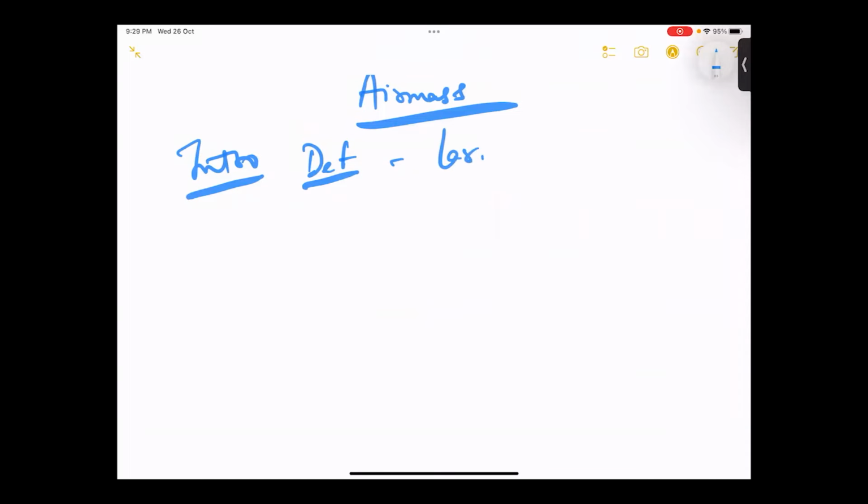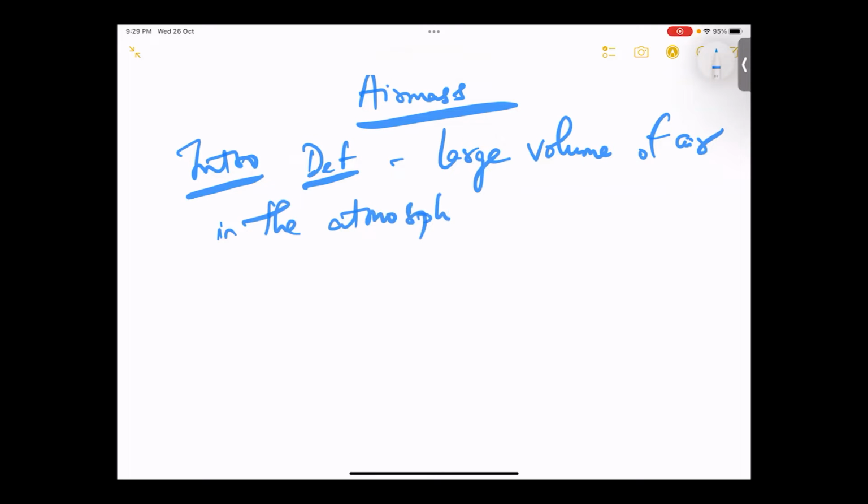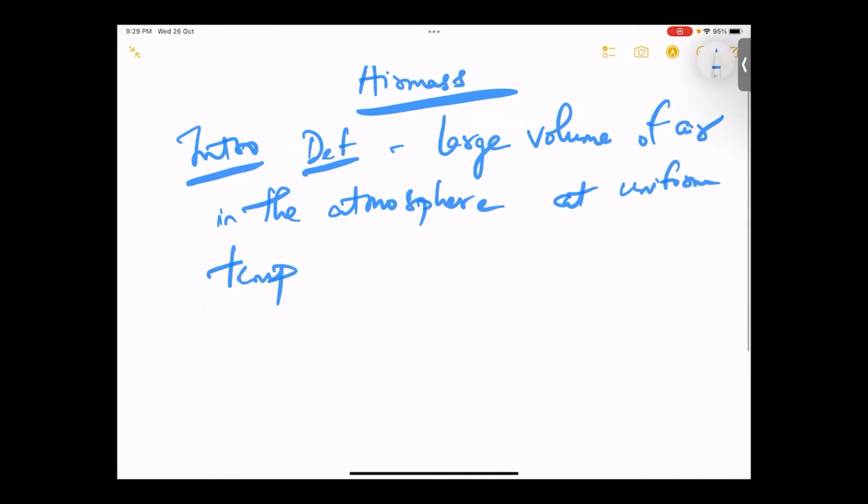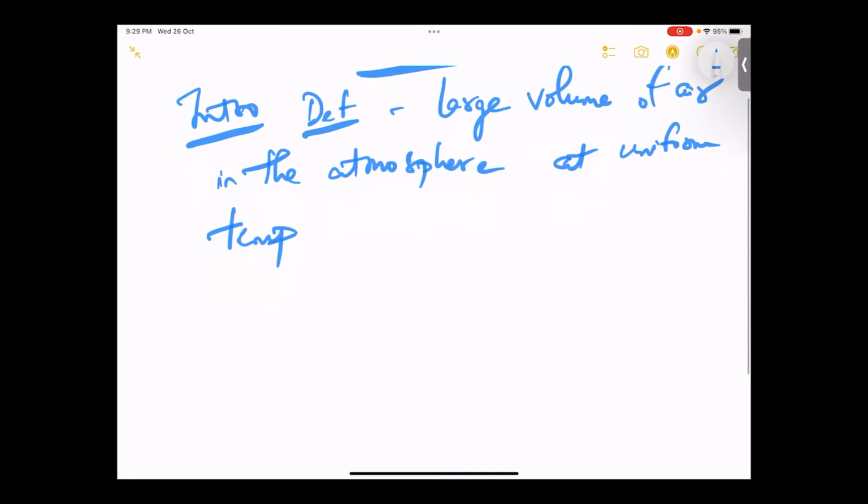It is basically a large volume of air in the atmosphere at uniform temperature, right? So this is the definition of air mass.